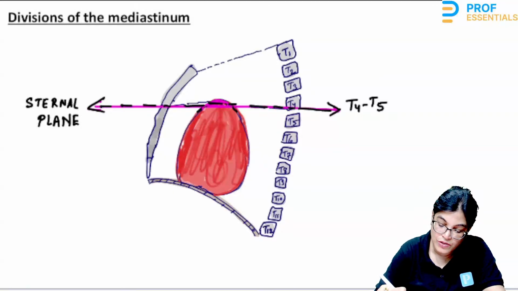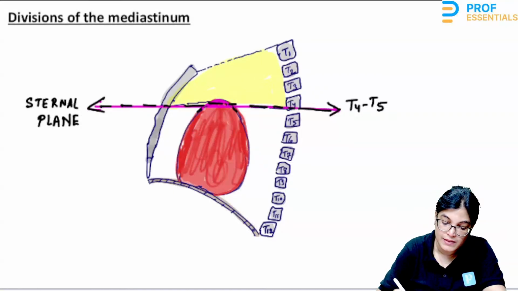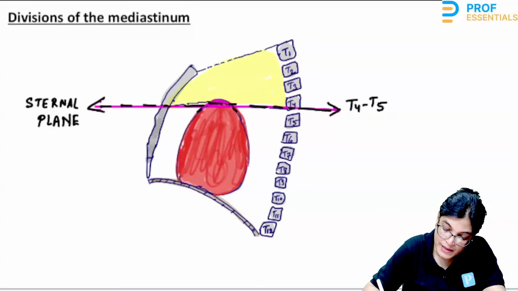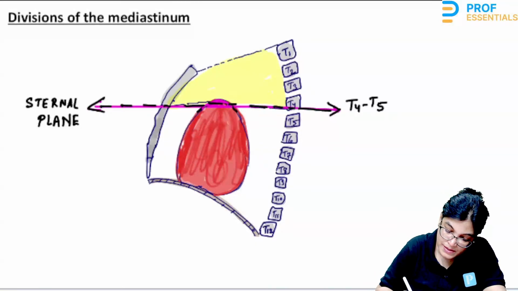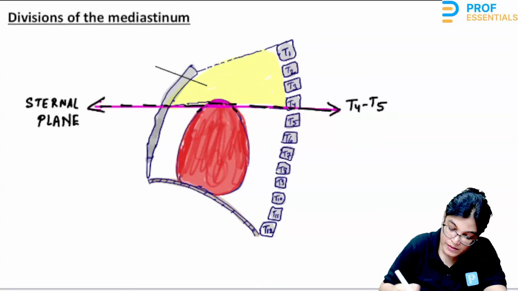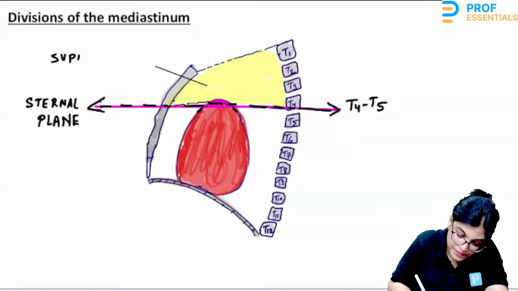The area of the mediastinum which is lying above the imaginary plane is called the superior mediastinum.